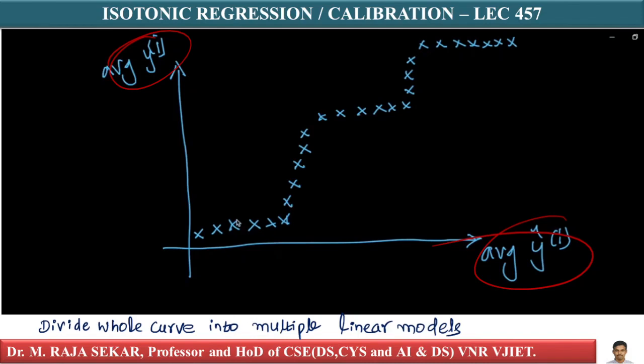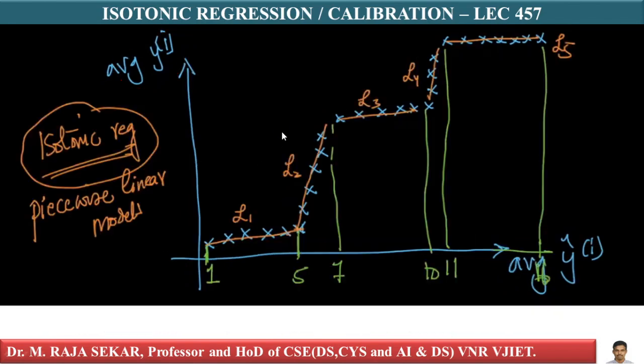The core concept of isotonic regression or isotonic calibration says: let's break up this whole curve into multiple linear models. I can fit a line here, L1. This is almost like a line, isn't it?